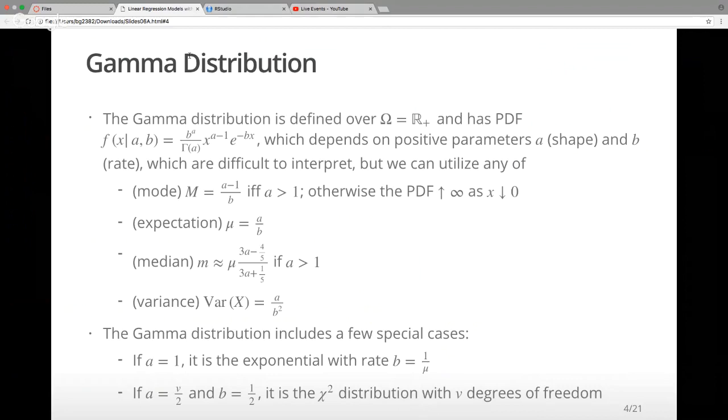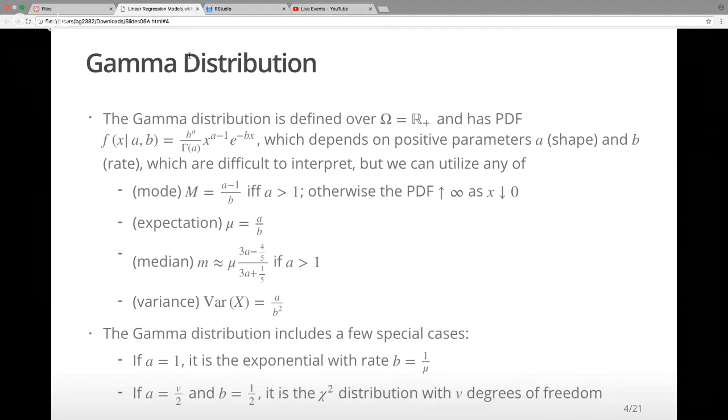Regardless of whether a is greater than 1, the expectation of a gamma random variable is a over b. So the expectation is always going to be greater than the mode. If the expectation exists, we have a pretty good expression for the median. This also requires a to be greater than 1.